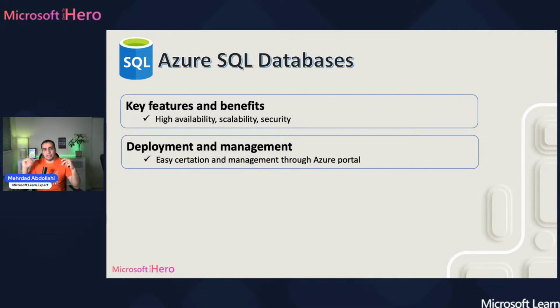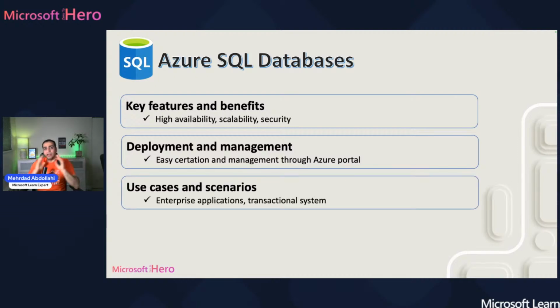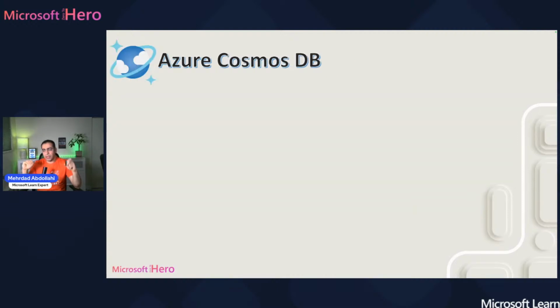We will have a look at that, and it is easy to maintain even. Where is it suitable to use Azure SQL Database? It is very suitable for enterprise applications and transactional systems, and of course for relational databases like that retail store that we talked about.